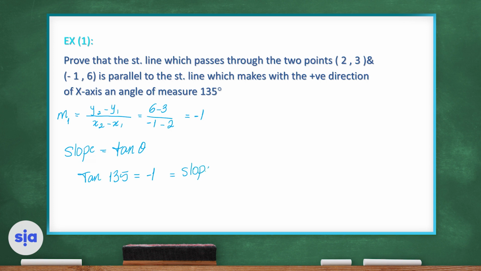As you can see from the first one and the second one, both slopes are equal to -1, then the two lines are parallel to each other. So since m1 equals m2, which is equal to -1, the two lines are parallel.